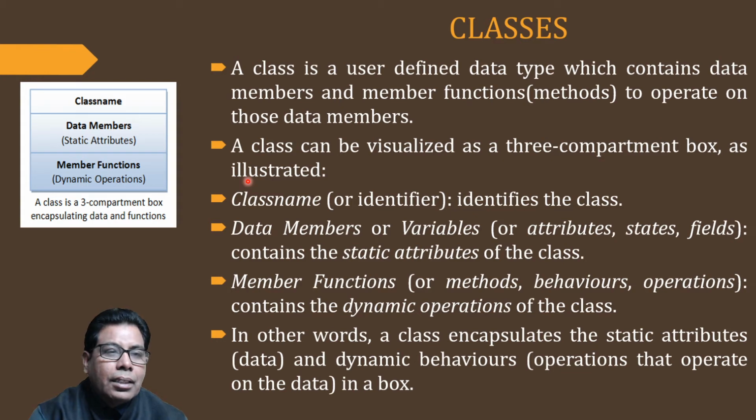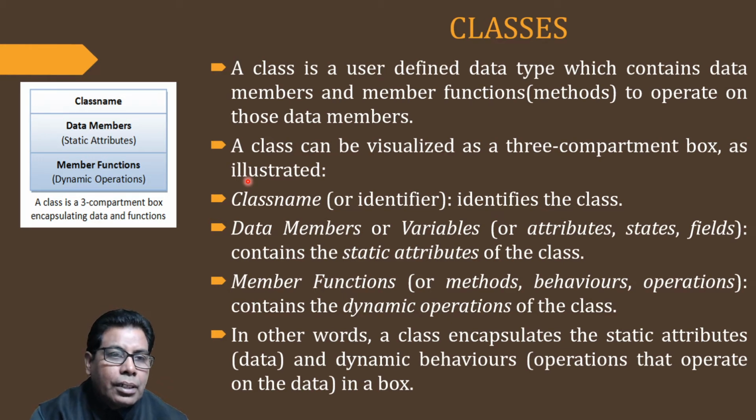A class is a user-defined data type which contains data members and member functions. So member functions are also called methods, and these methods will operate on the data members.